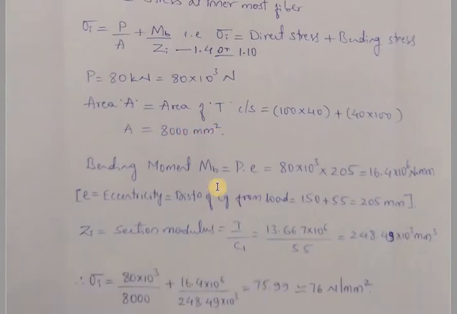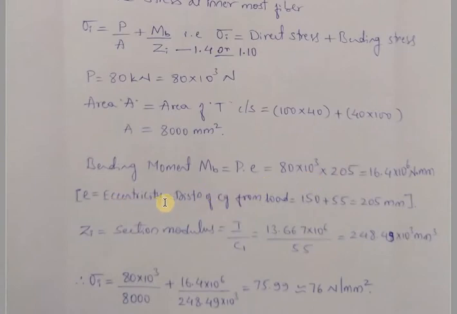Next we have the bending moment. The bending moment is due to the load into the distance. So here 80 into 10 raised to 3 is the load, into the distance 205. So how is this 205 mm?